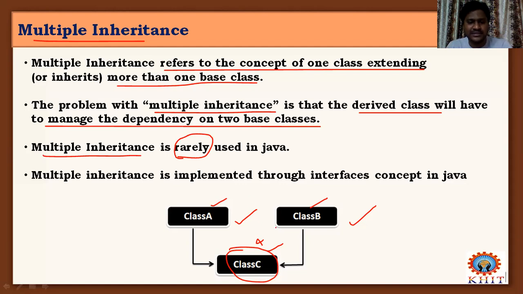In Java, multiple inheritance is not possible through classes, and it is implemented through the interfaces concept of Java. We will discuss this topic clearly in the next chapter of this unit 3.